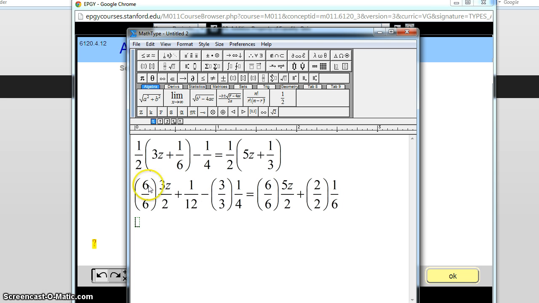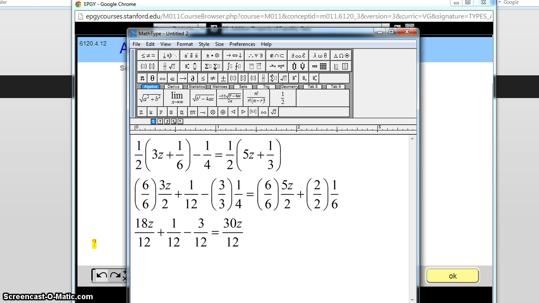Well, this becomes 18z over 12. And then we had plus 1/12, right? That stayed there like that. And then minus, well, this is going to be 3 over 12. And that's equal to 5 times 6 is 30, so we get 30z over 12.